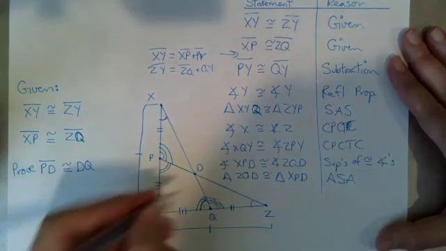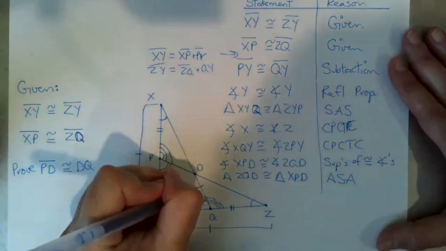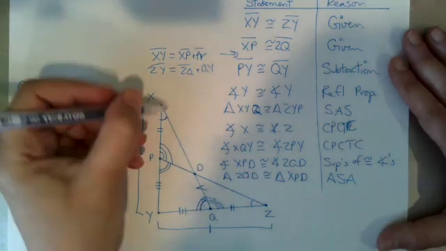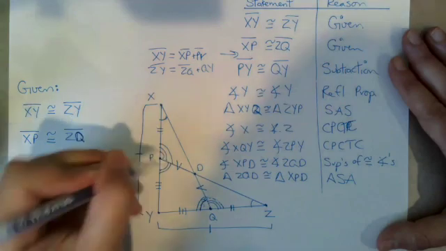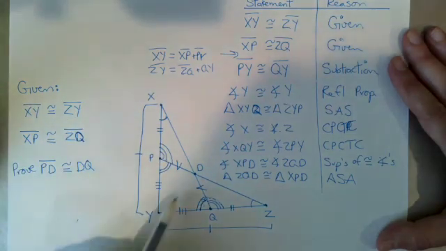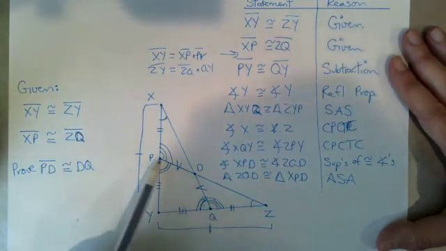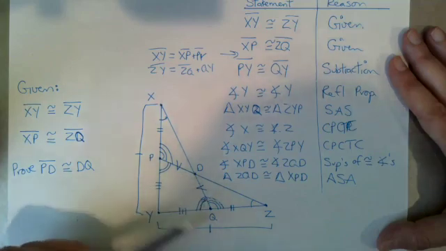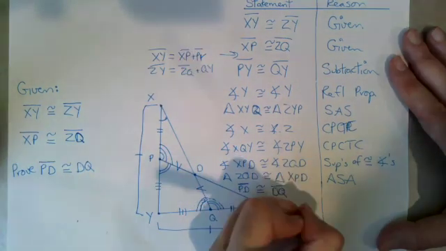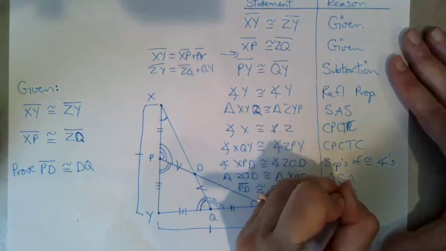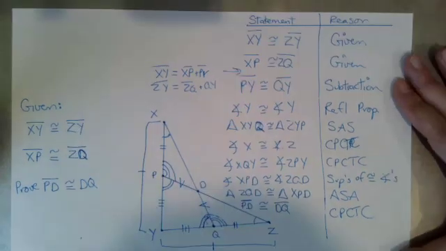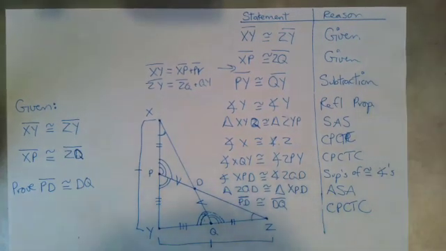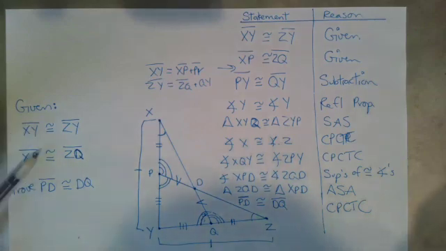And so now I can finally say that, I'm going to just make up a new symbol here because I've already used 1, 2, and 3, that side PD is congruent to side DQ from our old friend CPCTC.